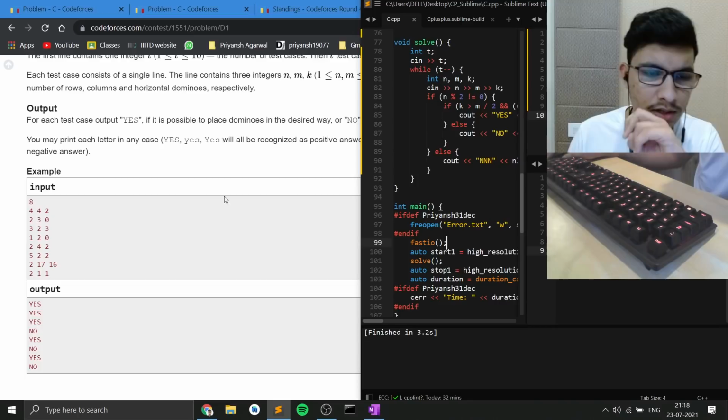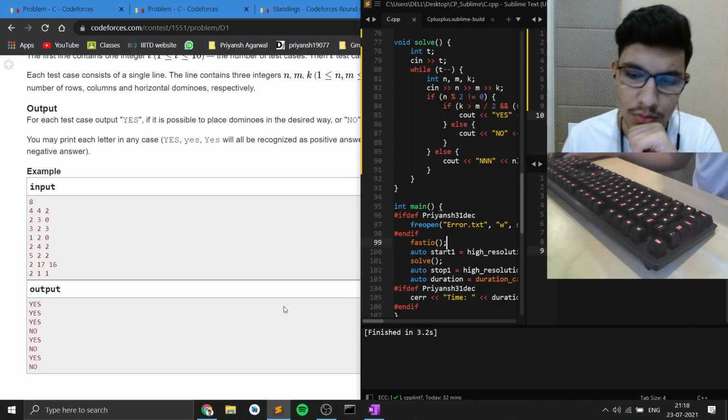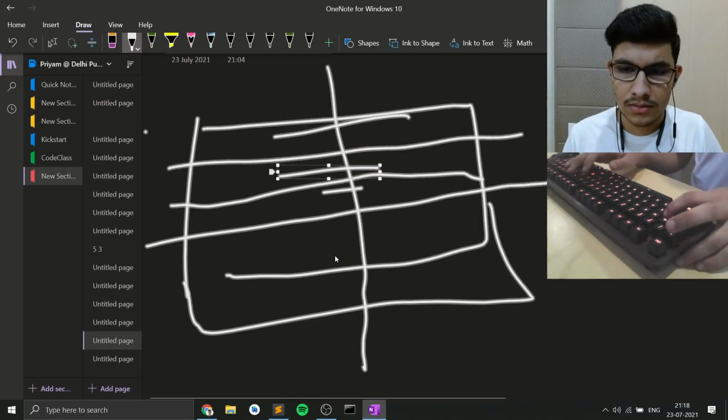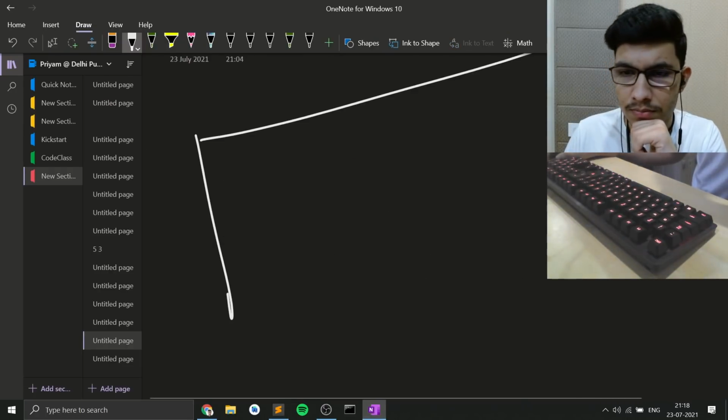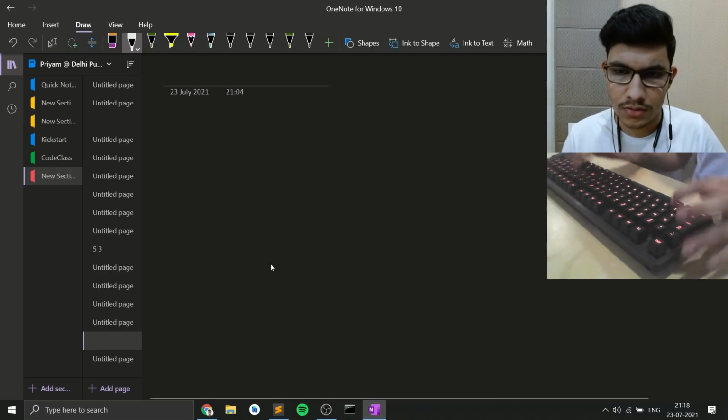Okay, so I am talking about the case where there is an even number of rows. So basically I can consider 4 cross 4.